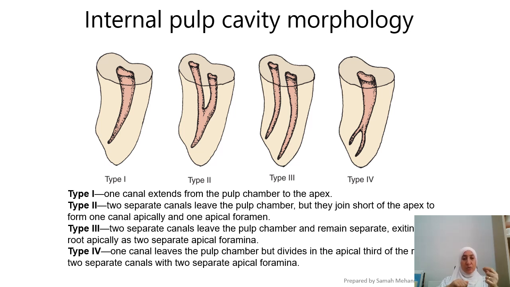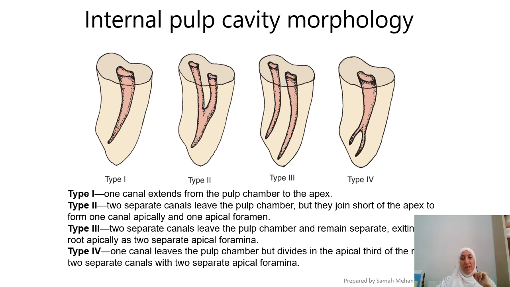While type 2 is when we have two separate canals starting from the pulp chamber but fused together at the apex of the root and opening in one apical foramen. If we have two separate root canals starting from the pulp chamber and ending in two apical foramina, it is called type 3. We have two root canals in one root.